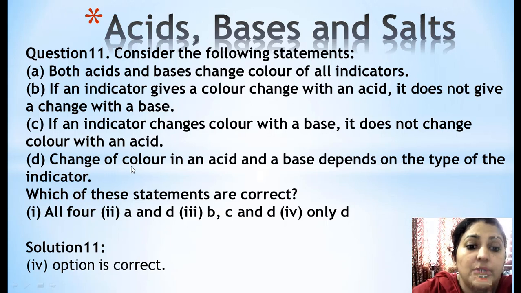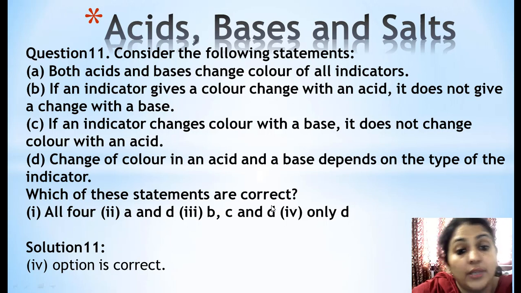Okay. Now, change of color in an acid and a base depends on the type of the indicator. That is true, right? So, depending upon the type of indicator, different colors are shown by acids and bases. So, which of these statements are correct? From this discussion, we know that the fourth one is the only correct option. Okay. So, fourth option is correct.